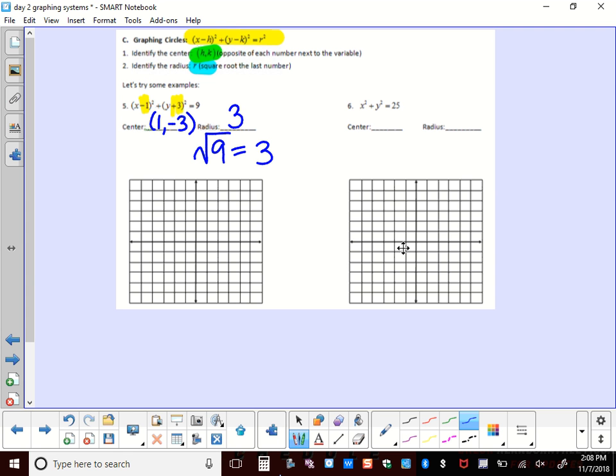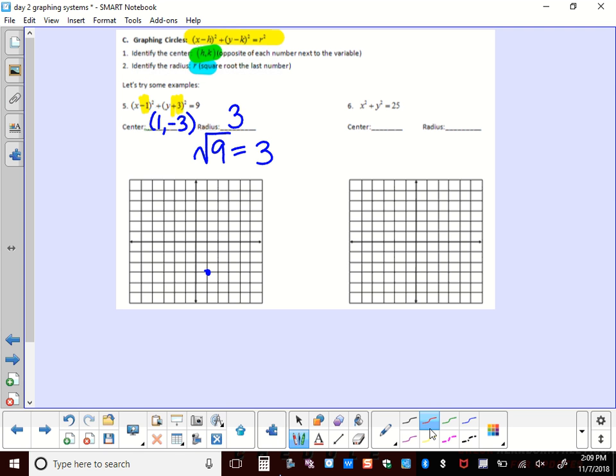This is important because the center tells me where to start. So I go to 1, negative 3, and I make a point. All right, my radius tells me how to move, okay? Where did you pop that thing? At my center, 1, negative 3.